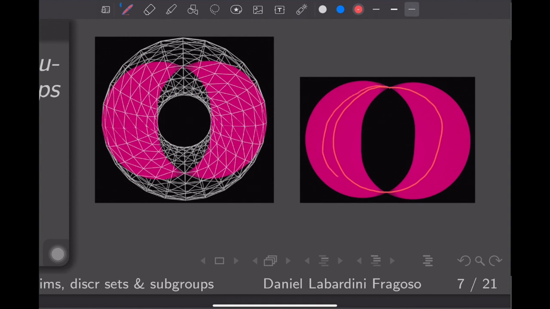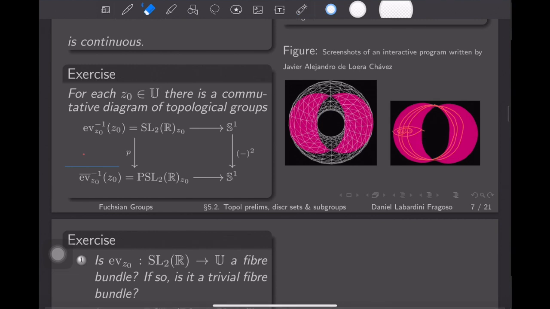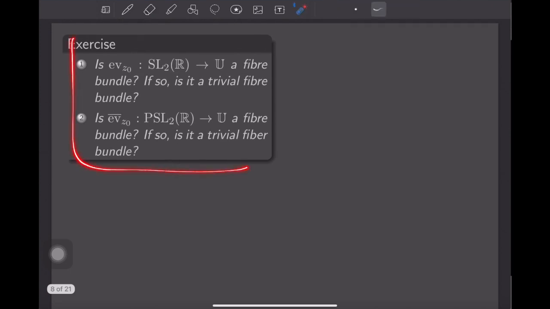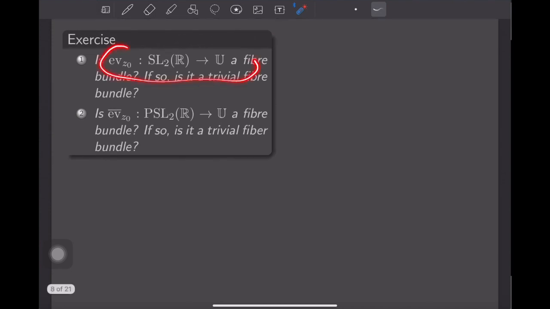I mean, it starts to look like a fiber bundle of circles here. So if you know some, a bit more advanced, algebraic topology, you can ask whether these evaluation maps are really fiber bundles or not.